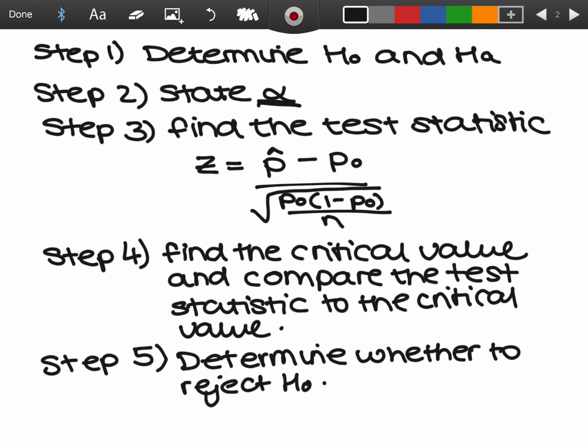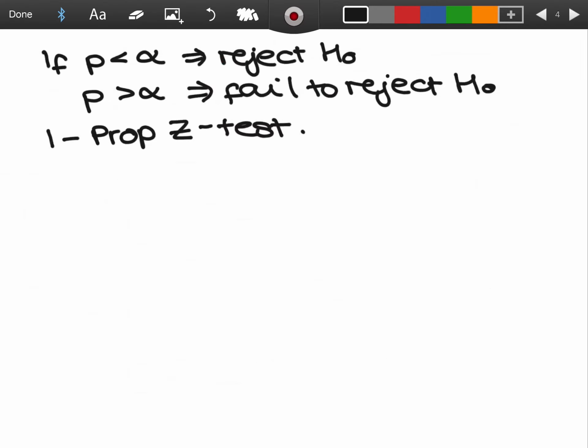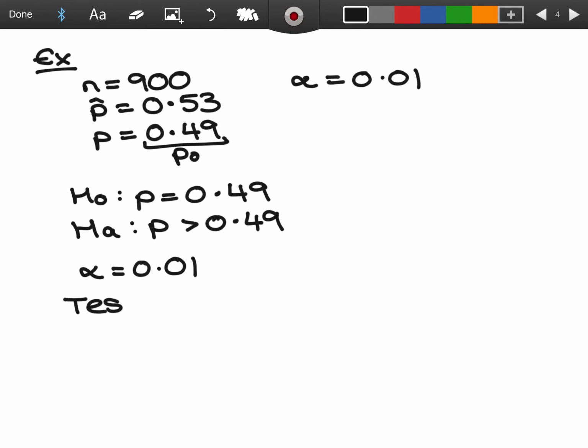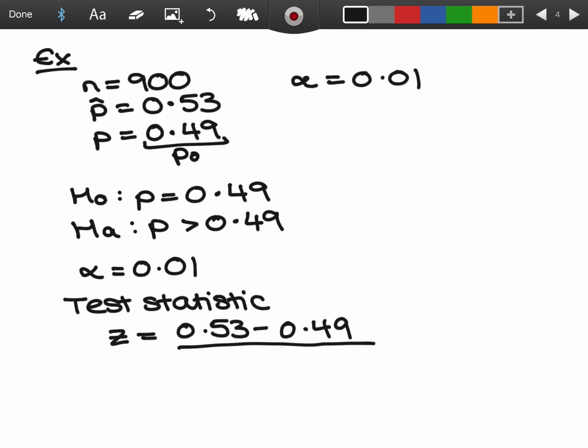Then you could go ahead and find this test statistic, okay? I'm going to write this down, but you can go ahead and figure it out on a calculator. The test statistic Z is equal to the sample proportion minus the population proportion divided by the square root of the population proportion multiplied by 1 minus the population proportion over that sample size.